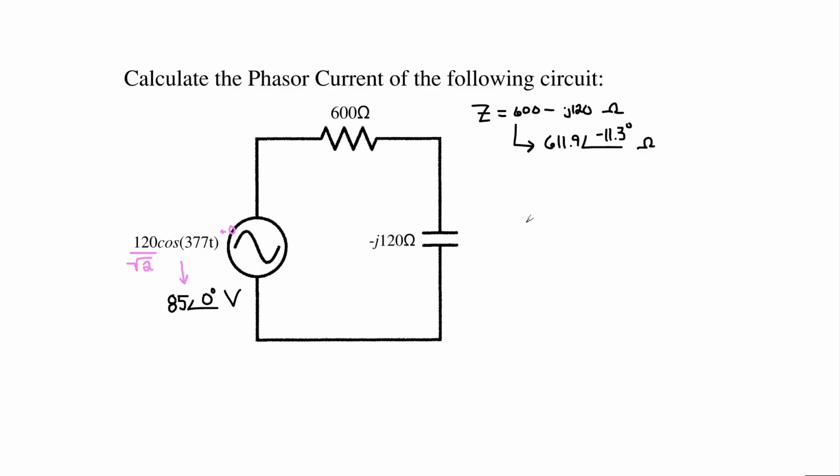Now, in order to find our phasor current, we simply divide our phasor voltage by our phasor impedance.